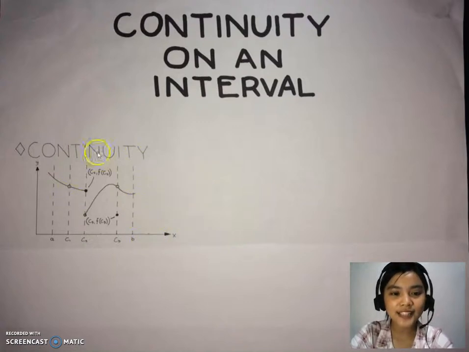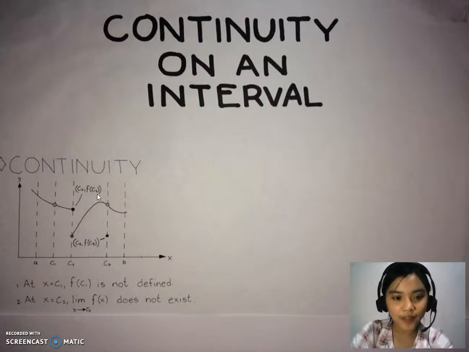this figure identifies the three values of x at which the function f is not continuous. For the first value, x is equal to c sub 1, f of c sub 1 is not defined.